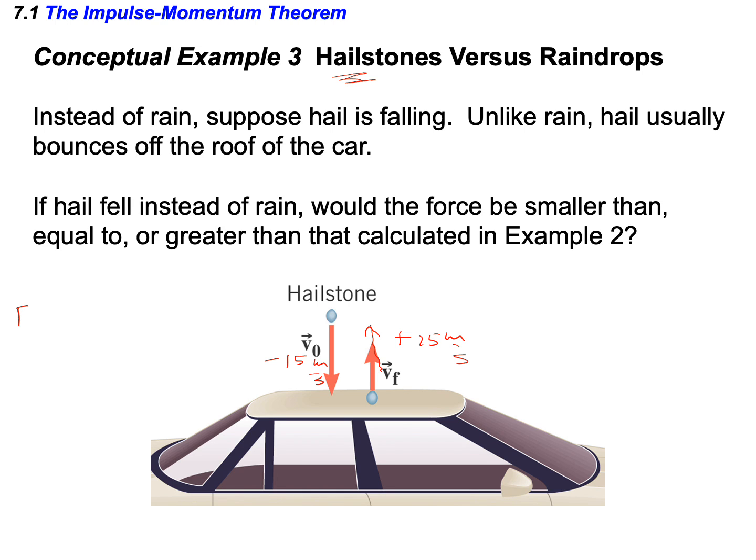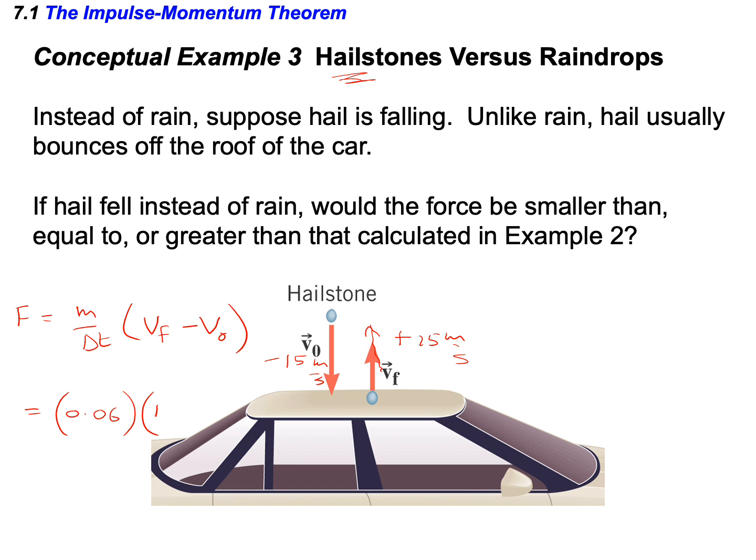So if you calculate the force, now the final velocity is no longer 0. Now you have F equals m over delta t times v final minus v initial. So m over delta t is 0.9 over 50.